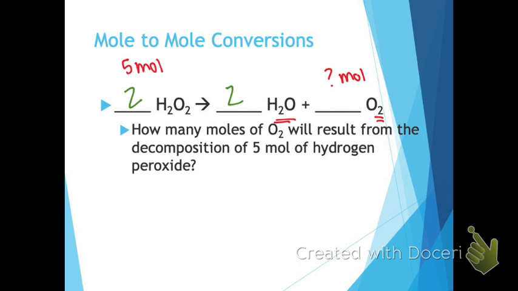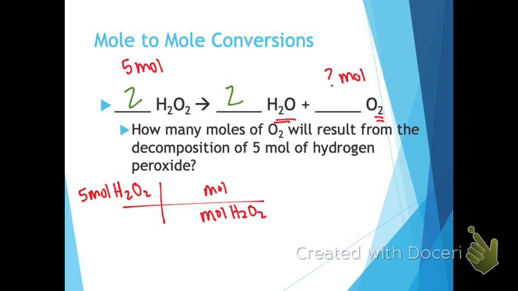All right, I'd start my T-chart with what I know. 5 moles of H2O2. And I make my T-chart. Moles of H2O2 has to go here on the bottom. And I'm going to moles of oxygen gas. Right? And what's this step called? Mole ratio step, right?